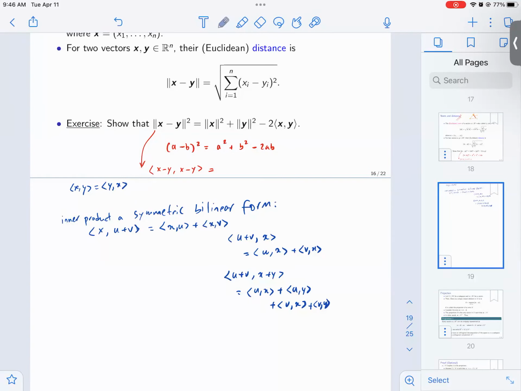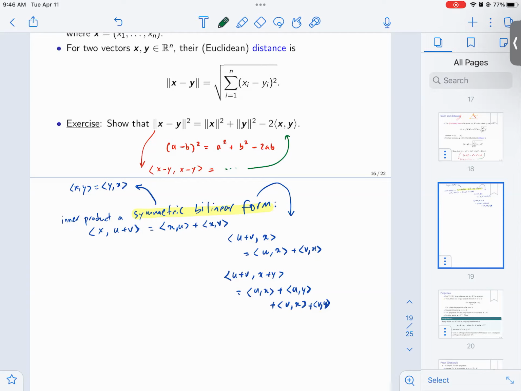Symmetry is this. Bilinear is that. Okay. So use this to expand this and then show that this result holds. Questions?